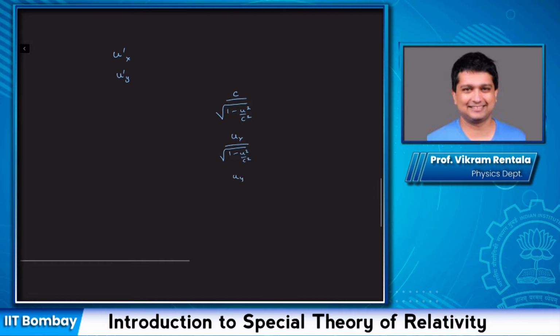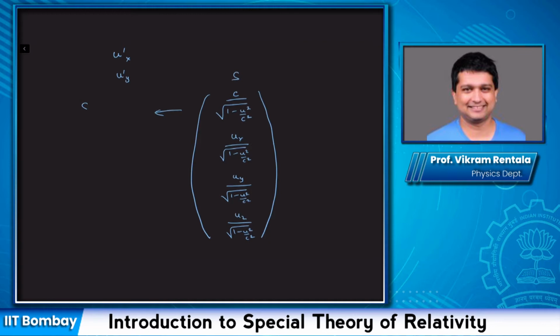However, when we rearranged velocities in a particular combination, that is, if we took the combinations c over square root of 1 minus u squared by c squared, ux over square root of 1 minus u squared by c squared, uy over square root of 1 minus u squared by c squared, and uz over the square root of 1 minus u squared by c squared, we saw that this collection of four objects transforms like a four vector.